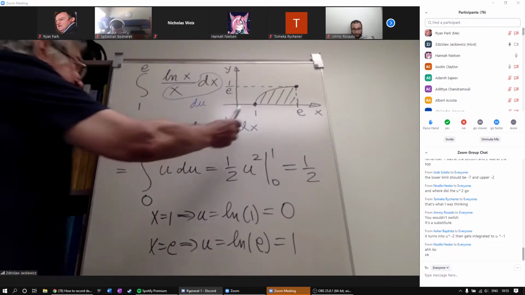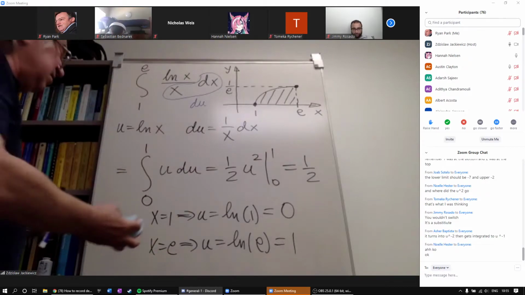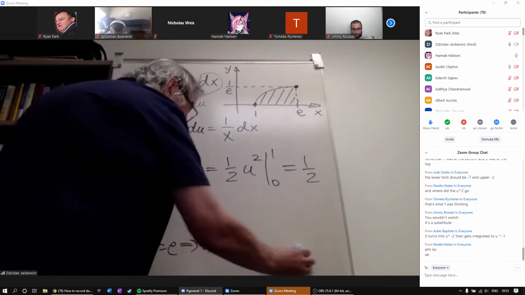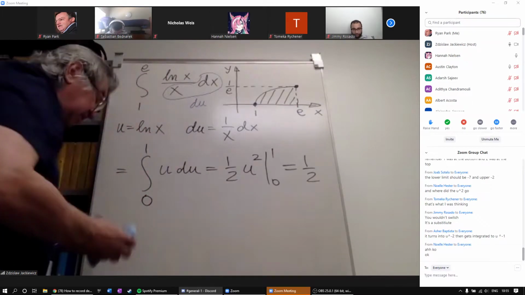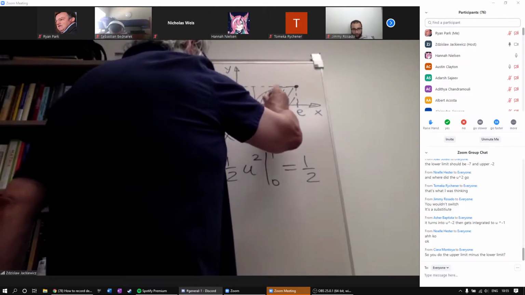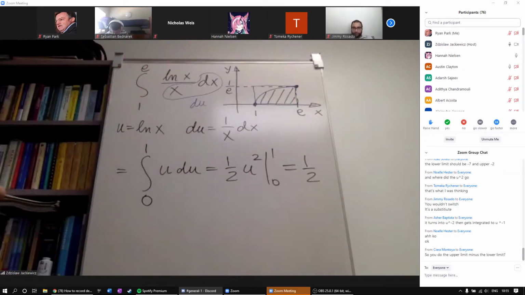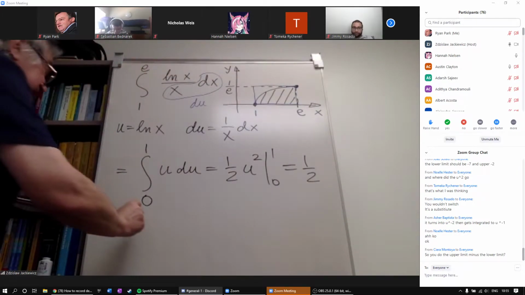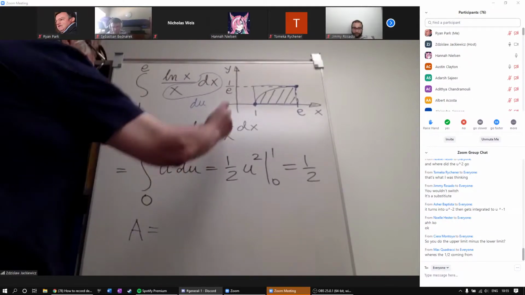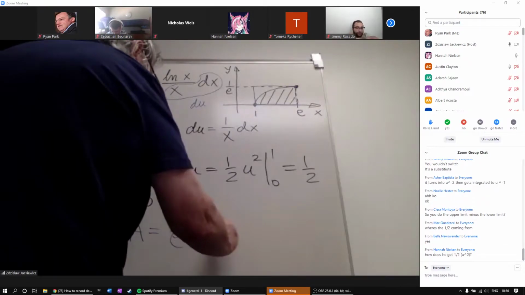So this area here is 1/2. You can think if this is roughly speaking correct. Maybe you can estimate this blue area. What is this blue area equal to? Well, it's equal to 1 over e minus 1.